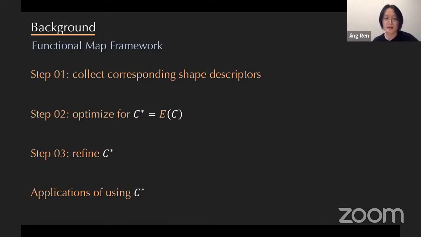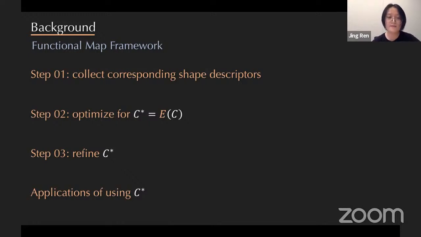Here is a standard pipeline to compute a functional map. We can first use some existing methods to compute shape descriptors, such as the wave kernel signature, shot descriptor, or heat kernel signatures. We compute a small set of descriptors defined on the shapes automatically.